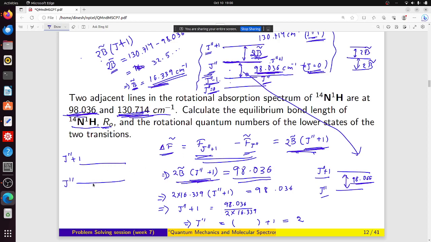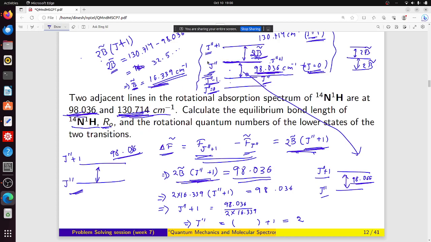Okay, so the initial state is J double prime and the final state is J double prime plus 1, and the energy difference between these two states, let's assume it to be 98.036. So I rephrased this scenario to this form.